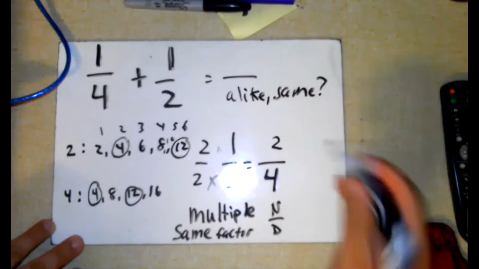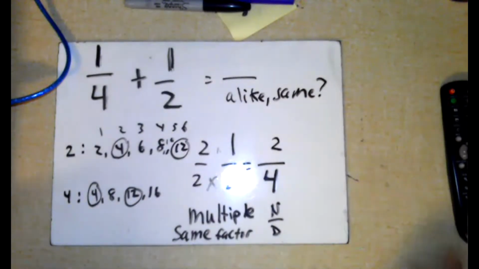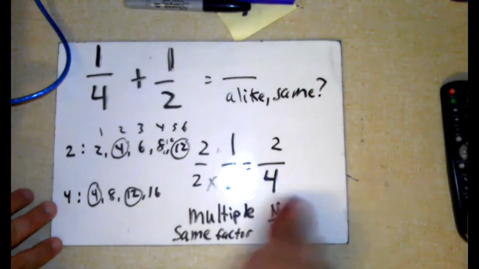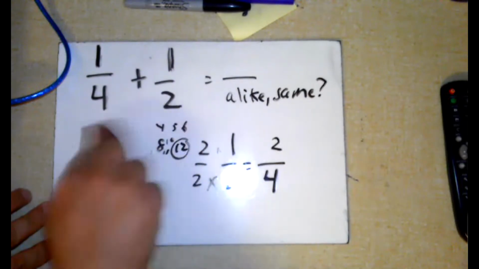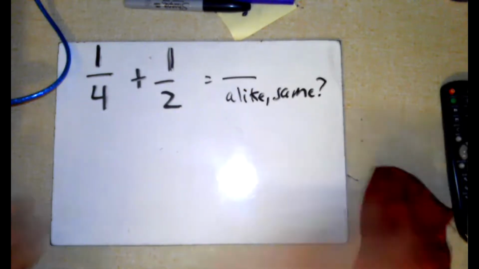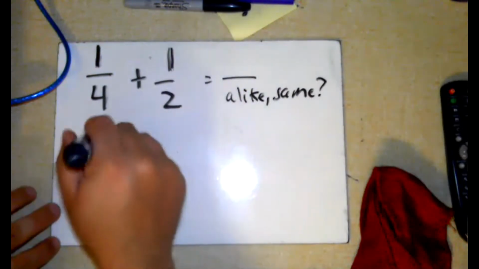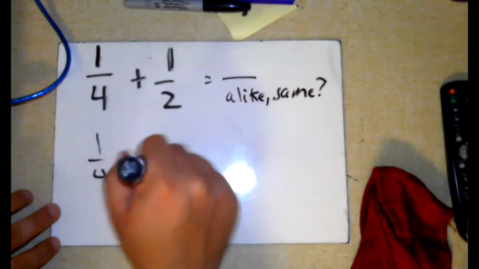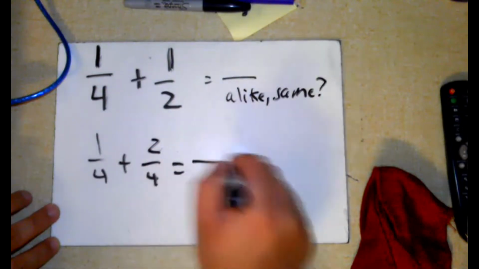So now let's go ahead and add up. Erase all this. One fourth plus 2 fourths. And we're going to keep our denominator.